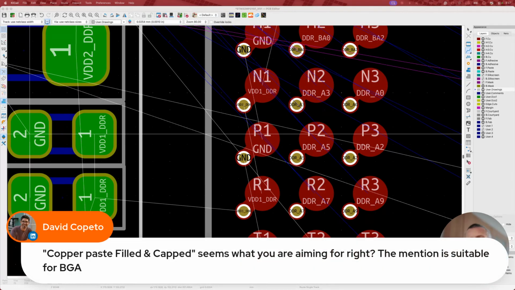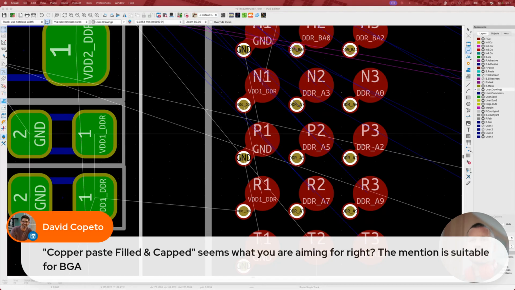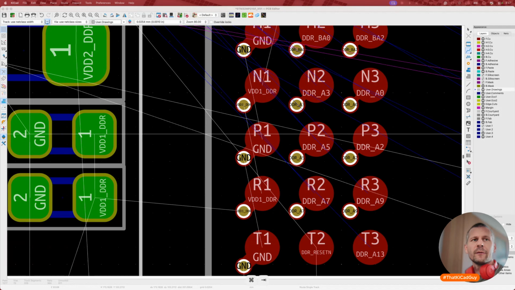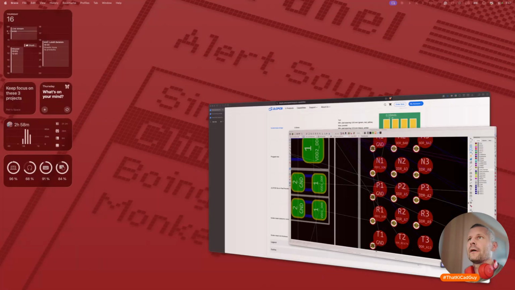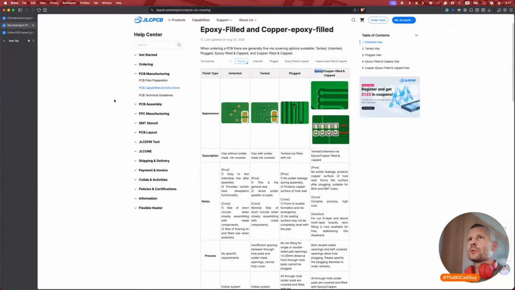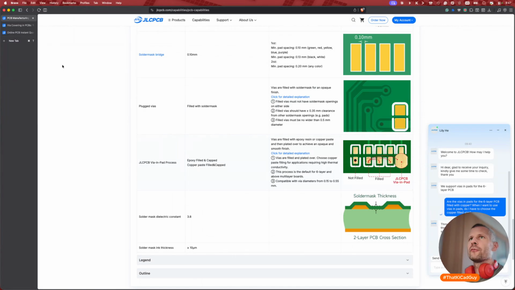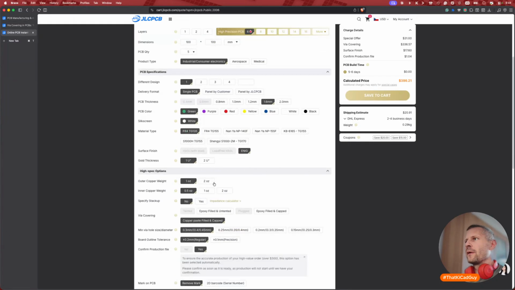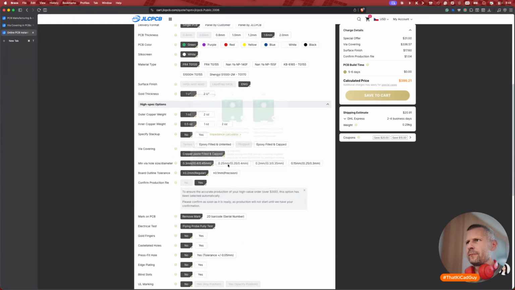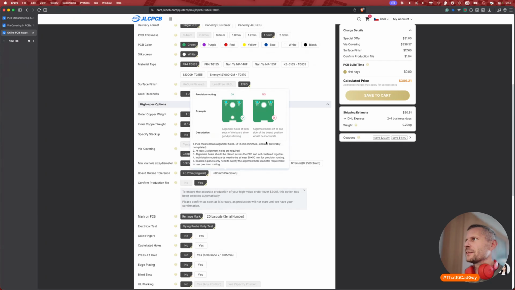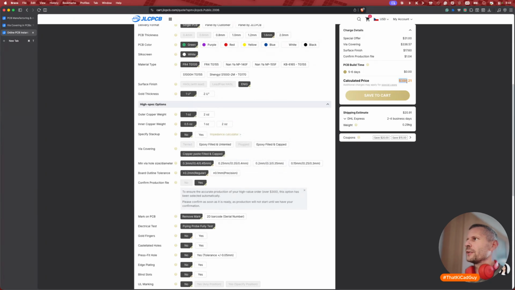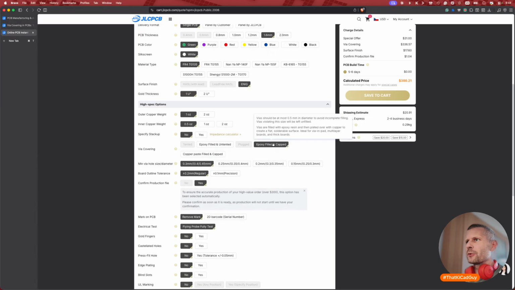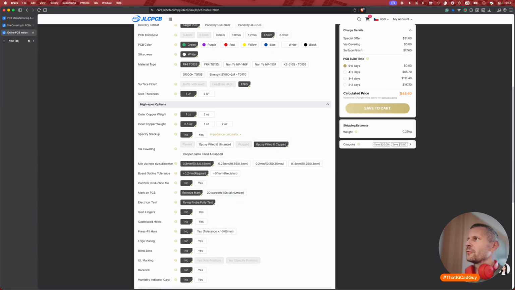Yeah, it seems I was probably on mute when I was checking that. If you choose the copper-filled vias, the price for 5 volts is 386. And if you choose the standard epoxy fill, it is 48.